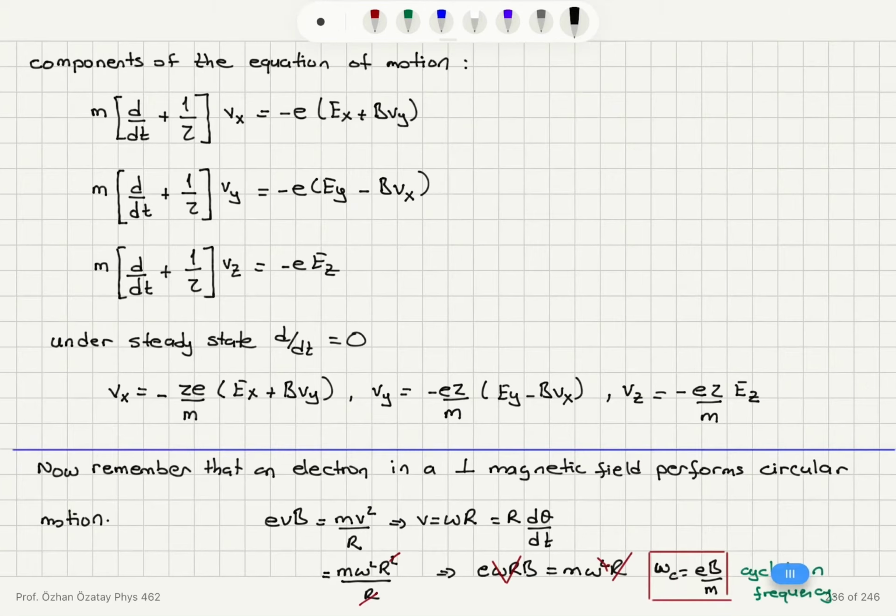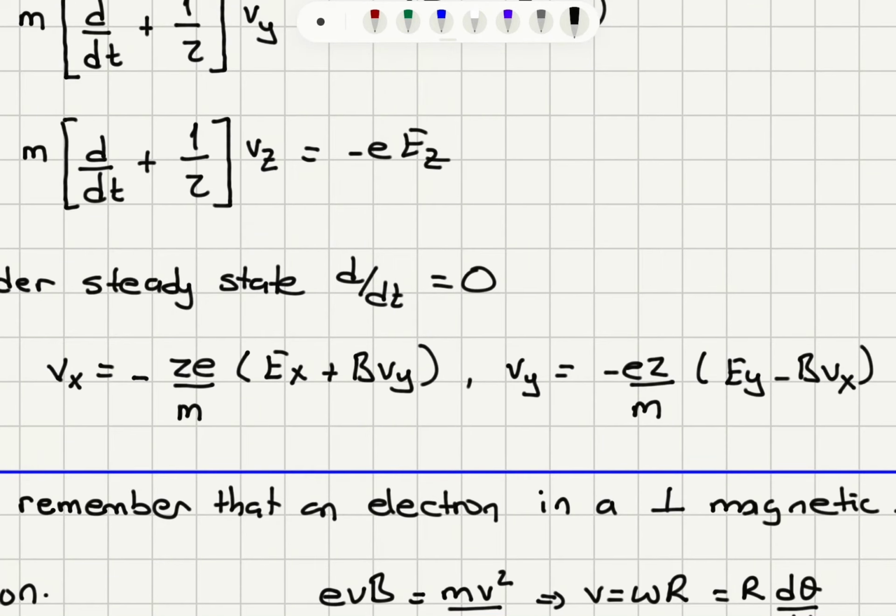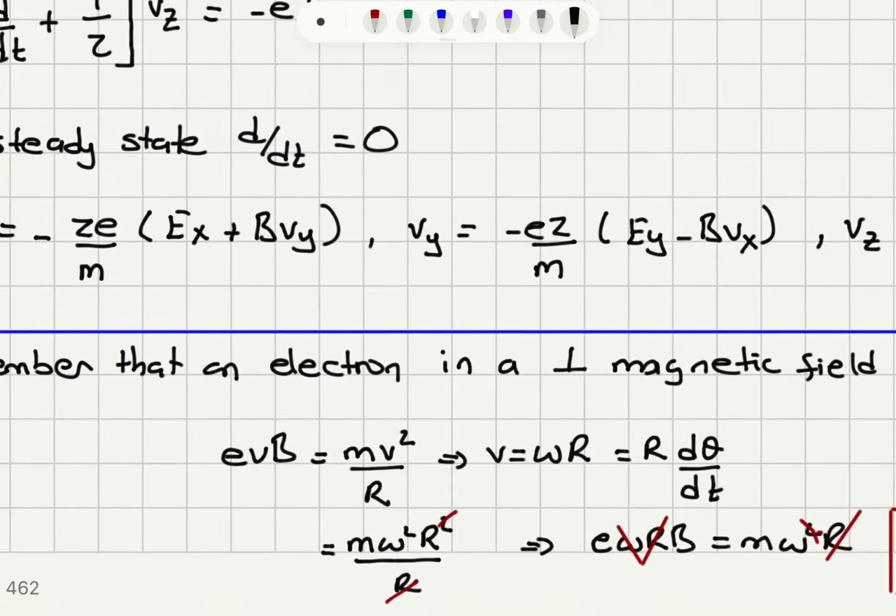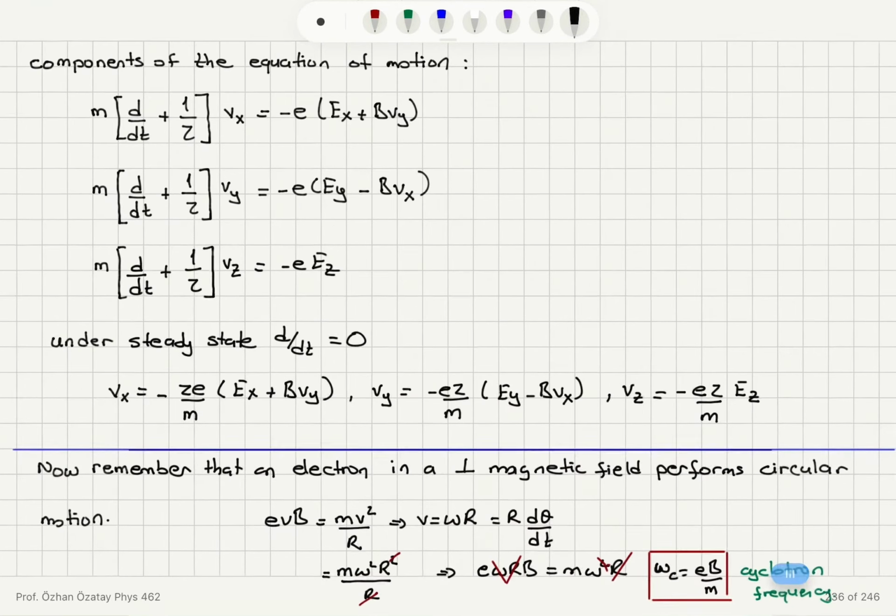This angular speed, omega c, is called the cyclotron frequency. Wherever we see eB over m, we're going to substitute omega c. So for vx, I have minus tau e over m Ex minus tau eB over m, which is omega c, vy, etc.